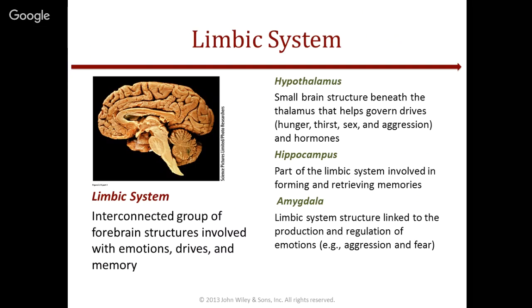Your hypothalamus governs that drive that gives you the drive to be hungry, to want sex, to want water, to fight, to flight, etc. And then your hippocampus helps to form and retrieve memories that are being created through those urges or through your emotions.